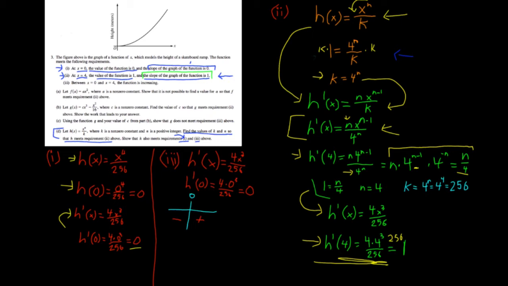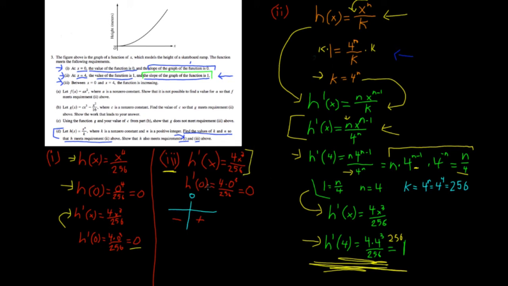And moving on to the final part of question 3, part D, we look at this section. So if we look at 3, between x is equal to 0 and x is equal to 4, the function is increasing. So we have h prime of x is equal to 4x cubed over 256, which is once again what we found over here, this whole complete equation.